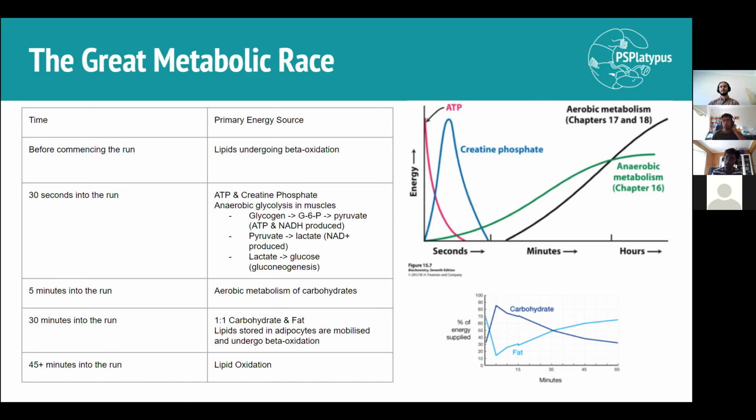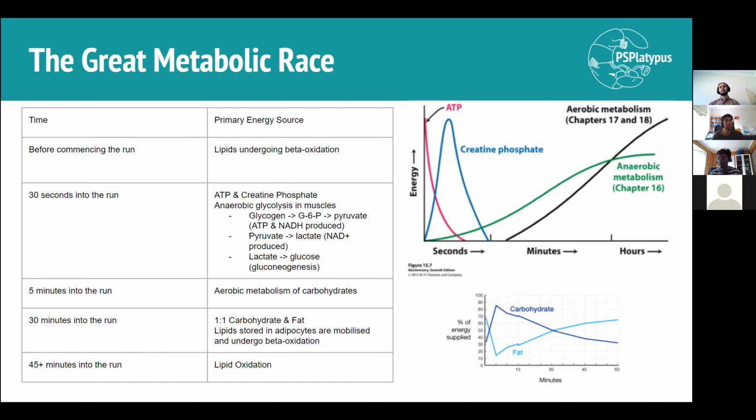So it's only 30 seconds into the run that we use energy sources that provide your body with energy more instantaneously. 30 seconds into the run, we use reserve ATP that exists in the muscle cells, and also creatine phosphate, which is another type of stored energy, especially for short bursts.